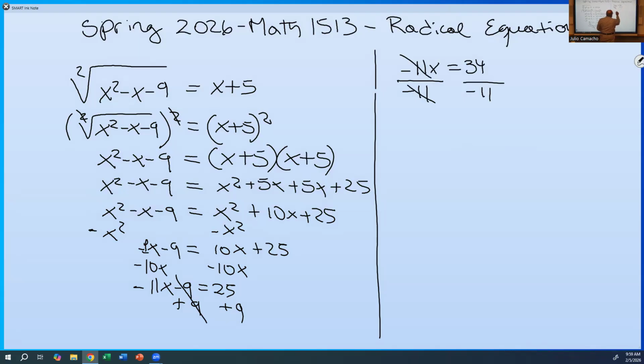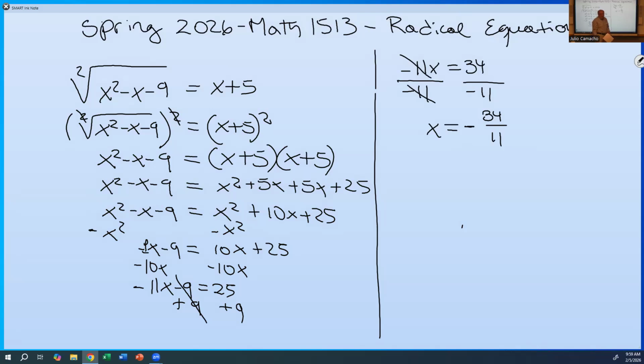And then you have x is equal to negative 34 over 11. It doesn't matter where you put the negative. If you put the negative on the 34, how much is negative 34 divided by 11? It's a decimal, so it doesn't divide evenly.